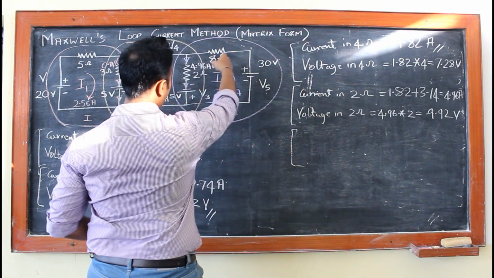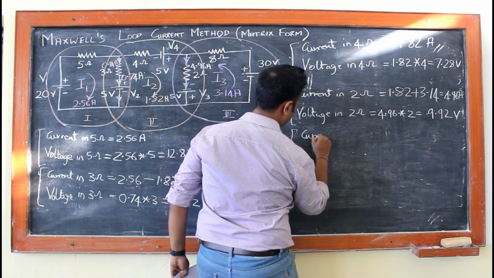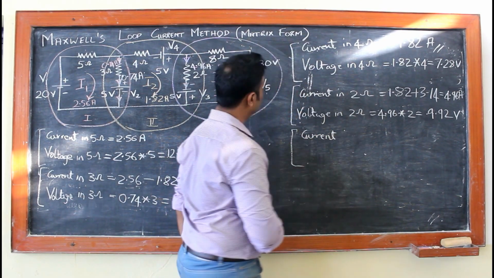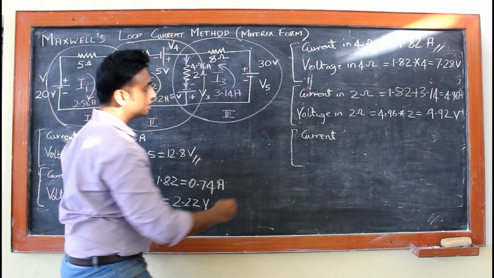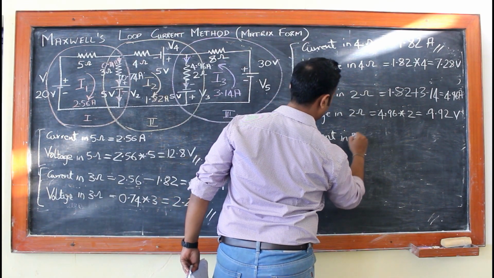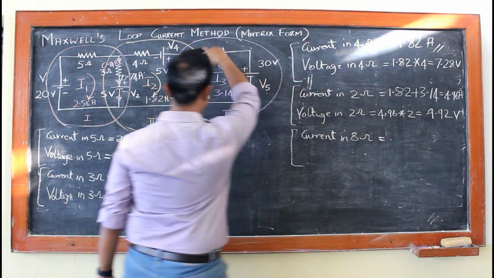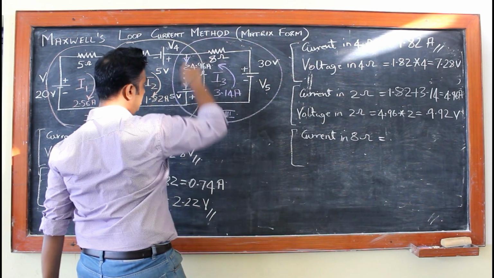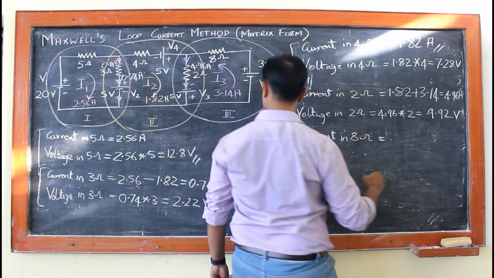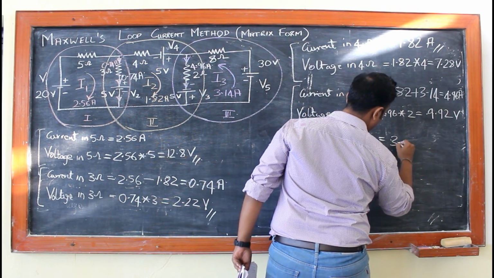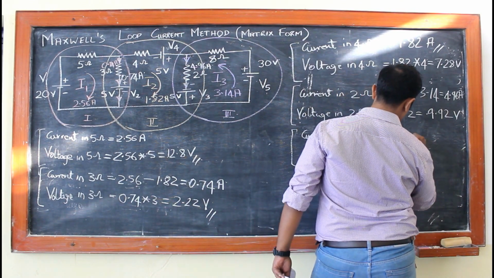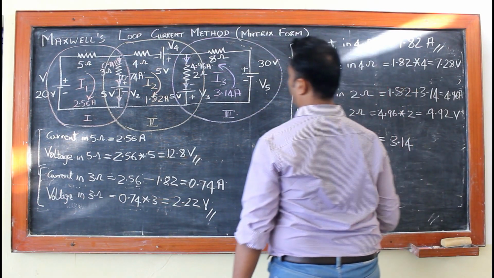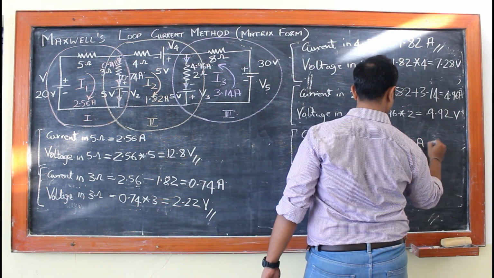And the same way, I will find out the current in the 8 ohms resistor. Current in the 8 ohms resistor will be only due to the I3 current flowing through it, which is equal to 3.14 amps.